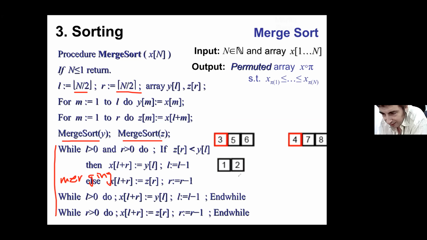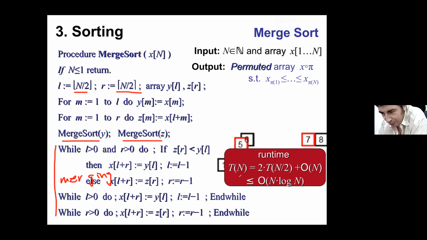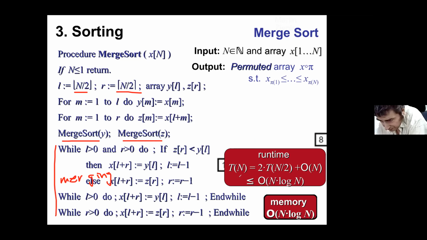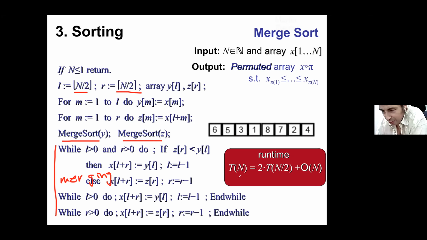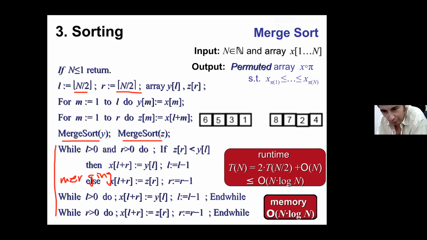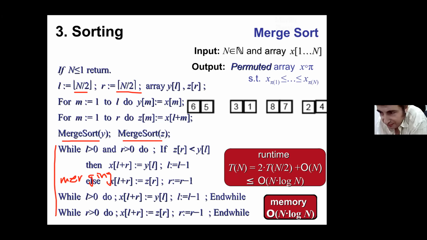We saw that we can make the runtime O of n times log of n by using the master theorem. The total memory consumption is O of n log n, but we said that we can reduce this by reusing memory. But you always have this copying problem.